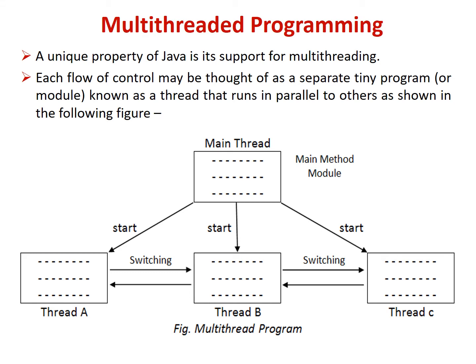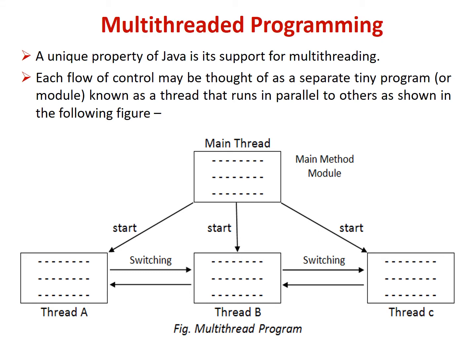This figure illustrates a Java program with 4 threads, one main and 3 others. The main thread is actually the main method module, which is designed to create and start the other 3 threads, namely A, B and C. Once initiated by the main thread, the threads A, B and C run concurrently and share the resources jointly. The ability of a language to support multi-threads is referred as concurrency.